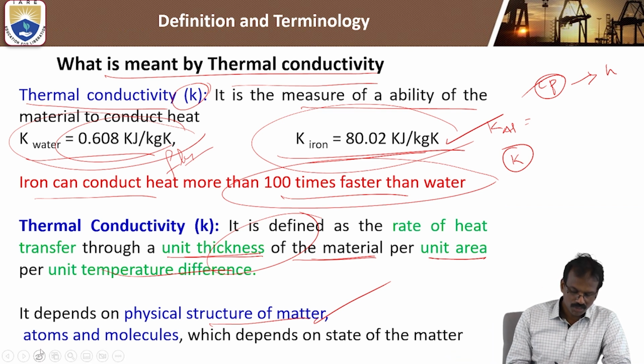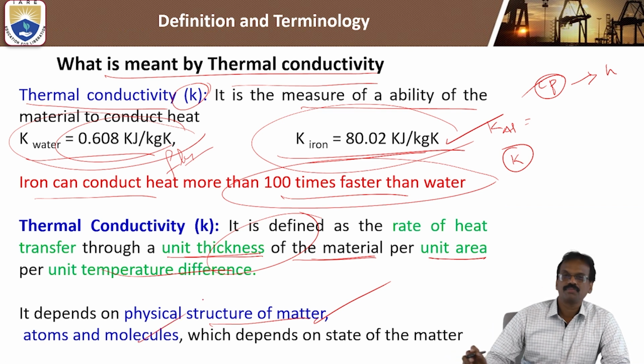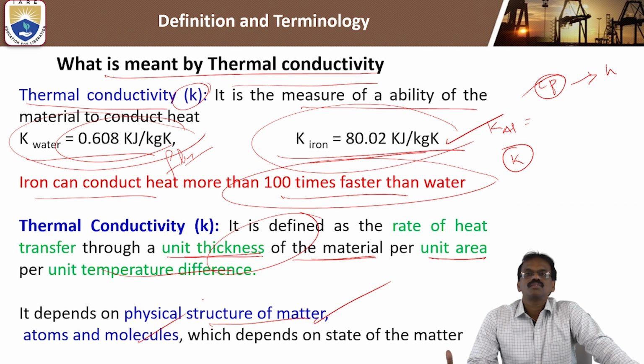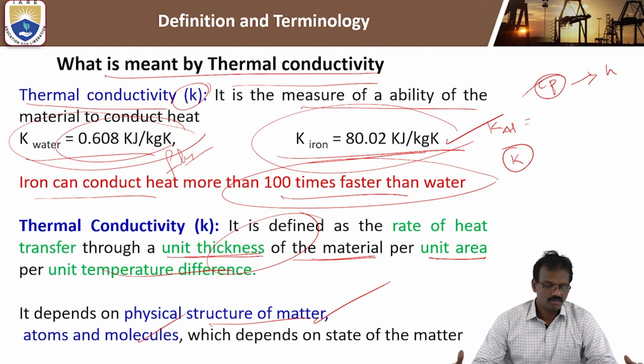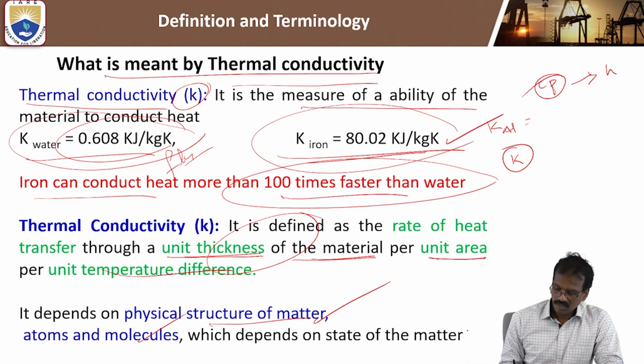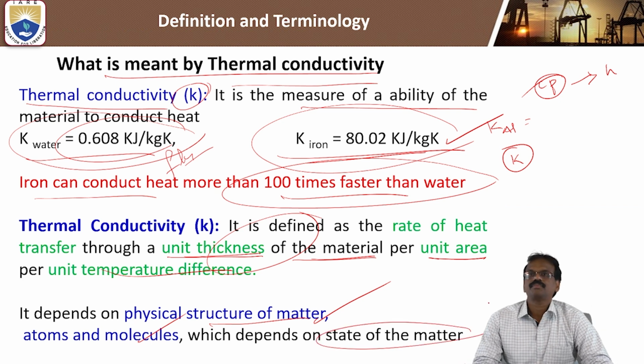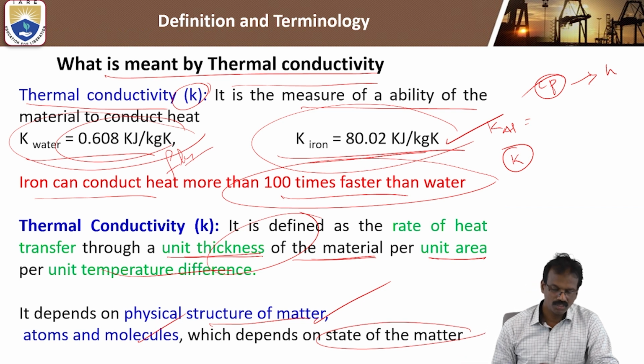Next, it also depends upon the atoms and molecules, because in solids, atoms are closely packed, but in fluids, atoms are loosely packed. They can move from one place to another place. It depends on the state of matter also. So these are the parameters on which thermal conductivity depends.